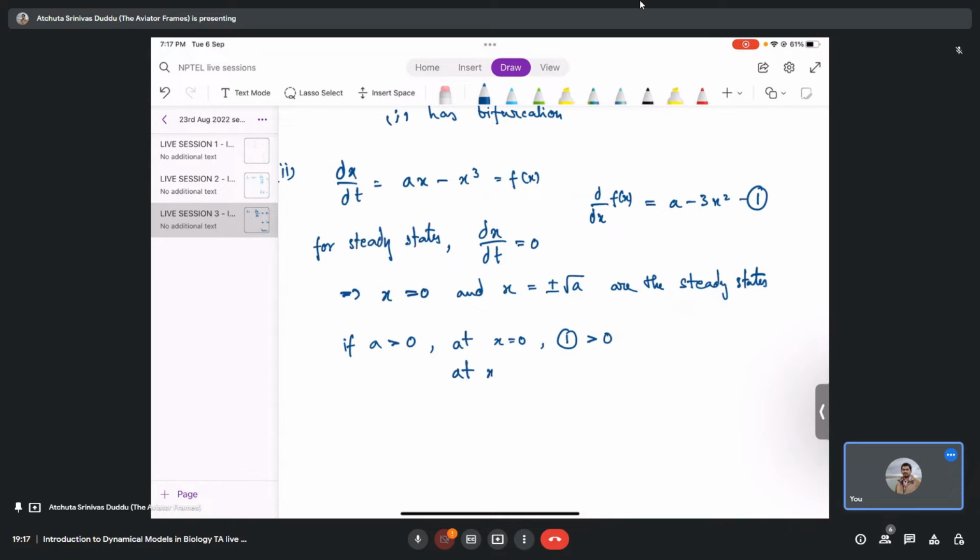At x equal to plus root a, 1 is a minus 3a, that will be negative. And similarly at x equal to minus root a also, it is negative. That is to say, this is unstable, and these two are stable steady states for a greater than 0.